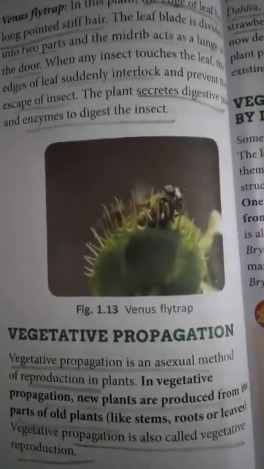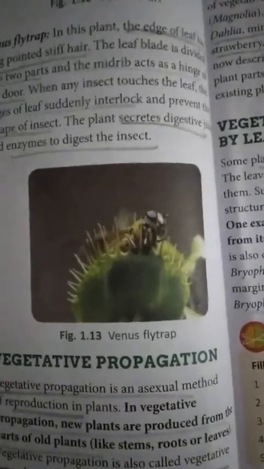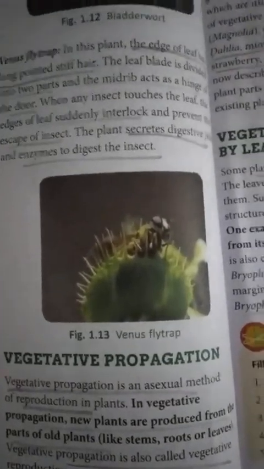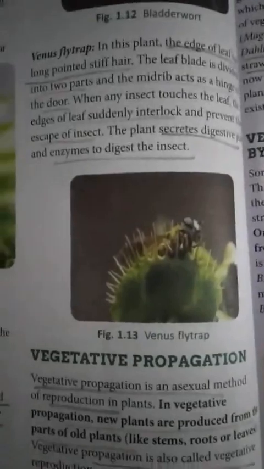So the kind of propagation where new plants are produced through the vegetative parts of the plant, that can be root, stem or leaves, is known as vegetative propagation or vegetative reproduction. Now come to page number 19.